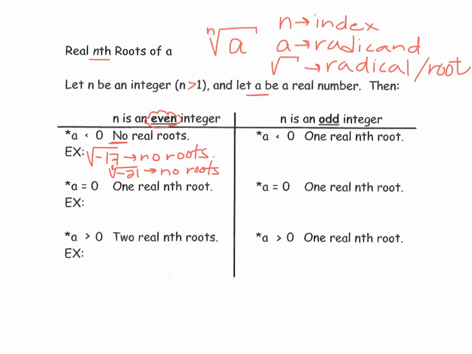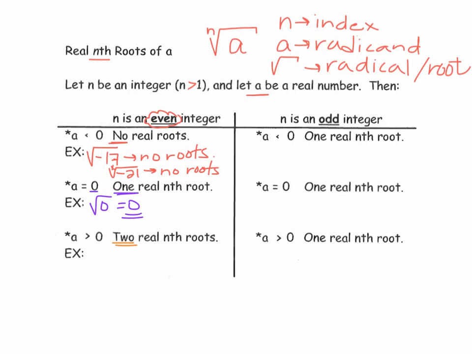Now, if you change your radicand value to 0, so if a equals 0, there's really only ever going to be one solution for that answer. The square root of 0 is just 0. There's only one location on the coordinate system or a number line that would have that value. And then we've also worked with the next one. If a is a number that's greater than 0, we will always have 2 real nth roots.